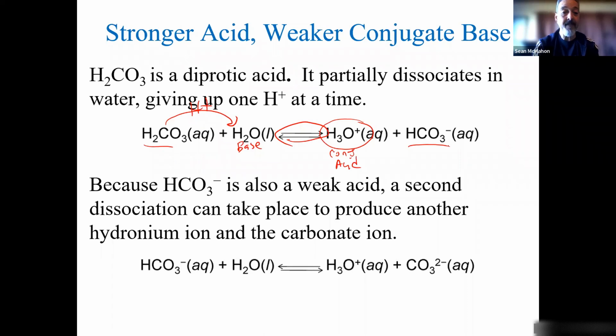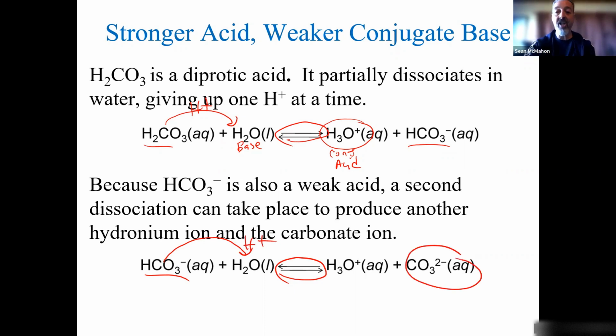But the hydrogen carbonate is also a weak acid, and it could, in theory, have a second dissociation and produce another hydronium ion. So the bicarbonate, in a smaller amount, and that's why we have a double arrow, could donate a proton and go all the way to carbonate.